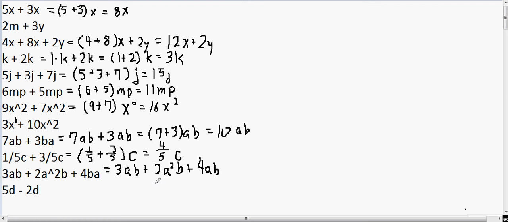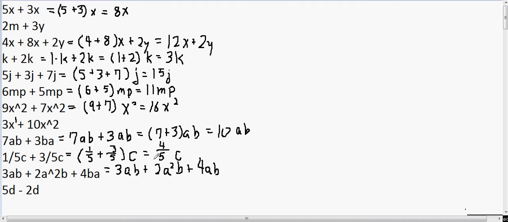Now if we compare the variable parts for all three terms, we see that the second term has a power of 2 for a, but neither the first nor the third term share that exponent, so we can't combine the second term with anything else.